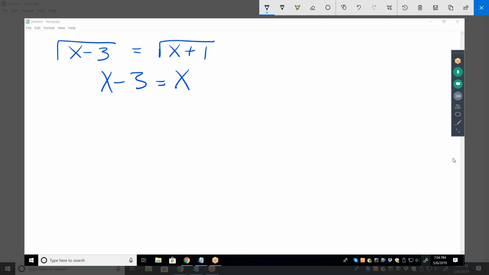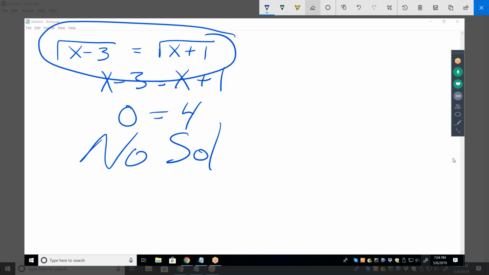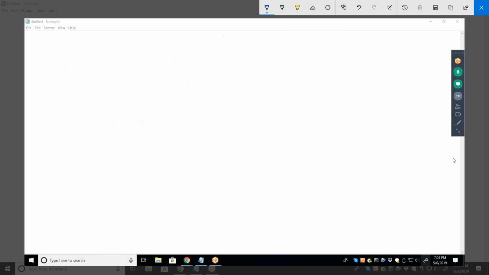Then from there you could just do plus 3 and then minus x. So this would be no solution, right? Correct. Whenever you get one number equals another number, that means impossible. No solution, that would never be true.